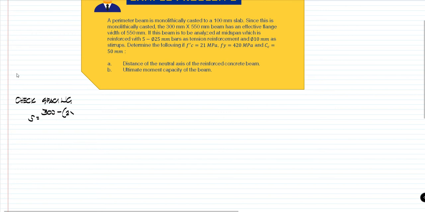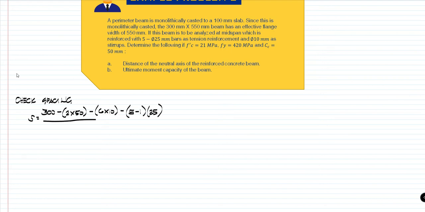So, 2 times 50 minus 6 na stirrups times 10. So, 6 times 10 yon. Minus, meron tayong 5 bar. So, that is 5 minus 1. And yung diameter ng bar natin is 25 mm. So, that is divided by n minus 1, which is 5 minus 1.